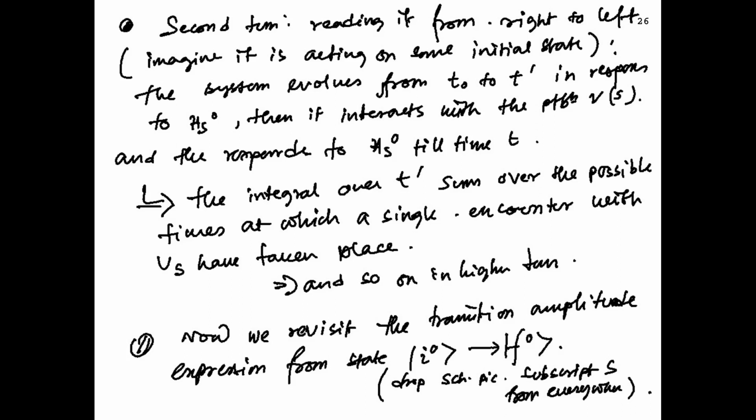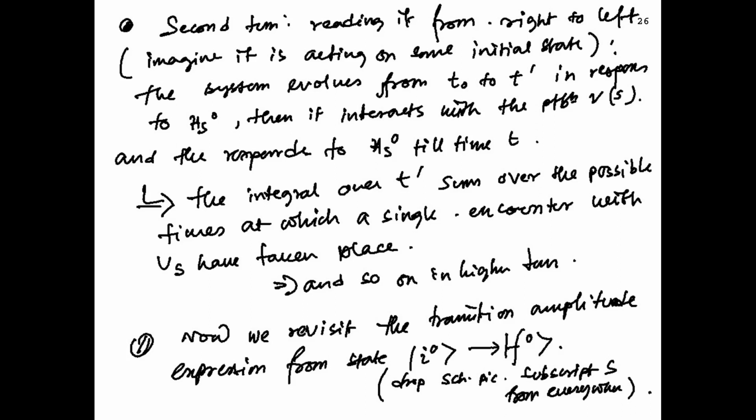So now we want to revisit the transition amplitude, which we just worked out by the direct method using perturbation theory, using this propagator. What we are interested in is the transition amplitude, the probability amplitude, for the system to go from the unperturbed eigenstate i naught, which is no longer an eigenstate, it is just a state for the full Hamiltonian, but it's an eigenstate for the original Hamiltonian, where the system also starts within that state.